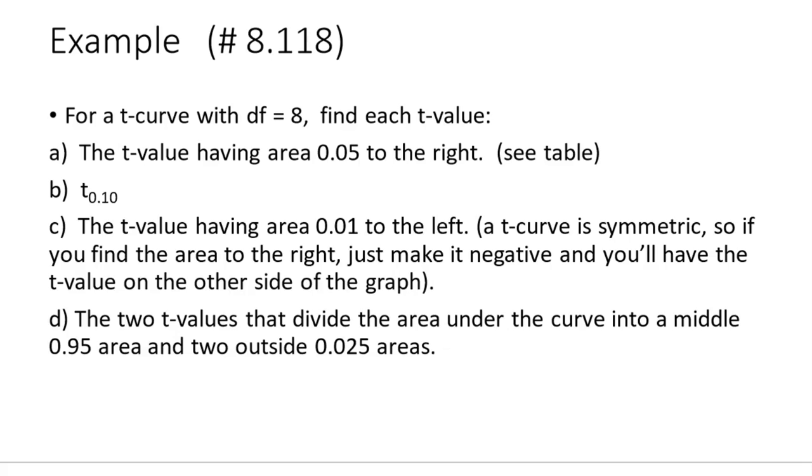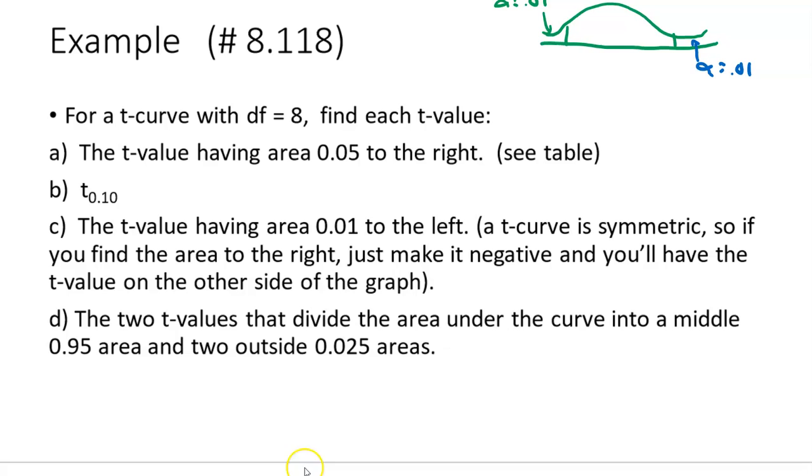All right, let's take a look at C. C says the t-value having an area of 0.01 to the left. Well, 0.01 to the left is way down here. But because the curve is symmetric, why not come over to the top over here and find the spot where the area is 0.01 to the right, and then just tack on a negative.